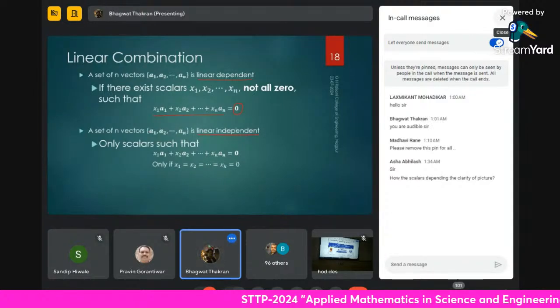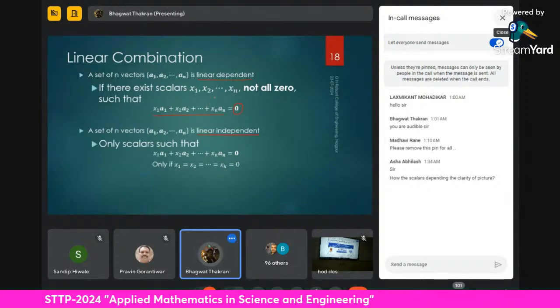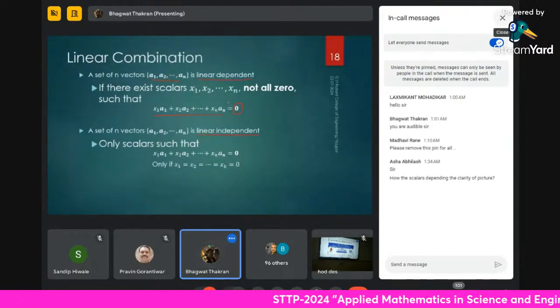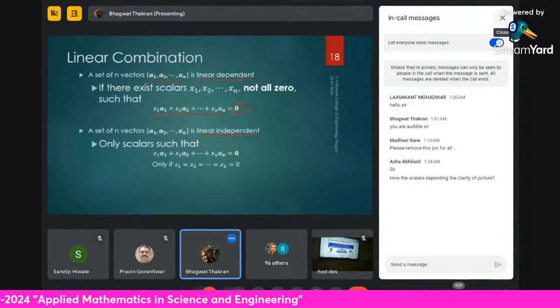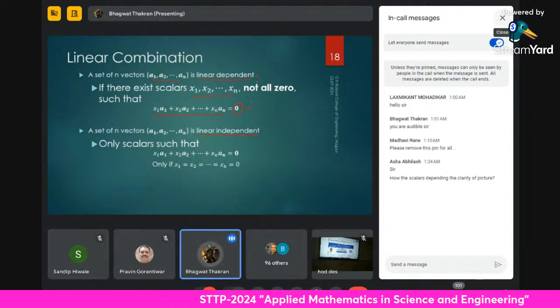Okay. And the condition is very simple. We need to check just the scalars. So if a1 to an are our vectors and x1 to xn are scalars, and still the linear combination is my 0 vector and the scalars are not 0, at least one of the scalars is not 0, then we say that yes, it is a dependent vector.